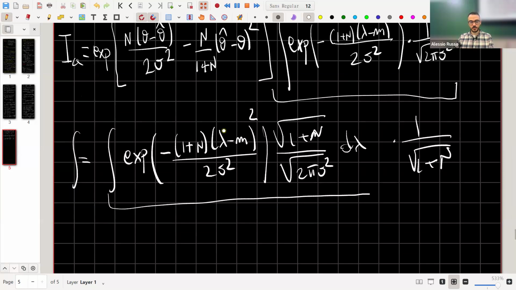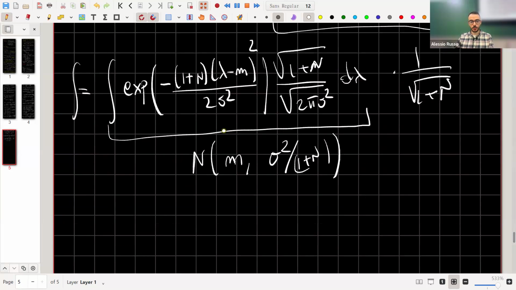So this is the integral of the density of this Gaussian here. And it will be equal to 1. So since this integral will be equal to 1, then all of this is just equal to 1 over square root of 1 plus n.